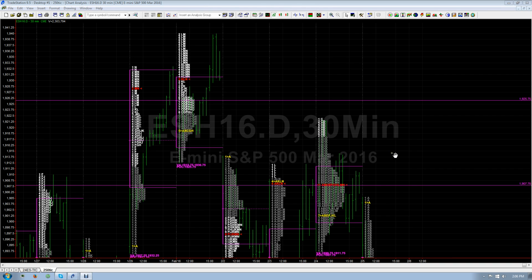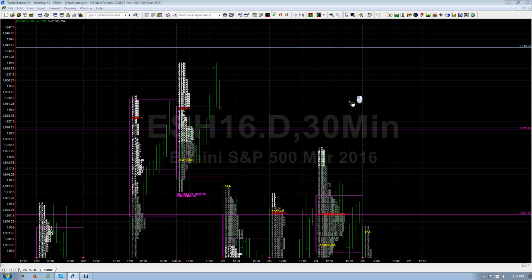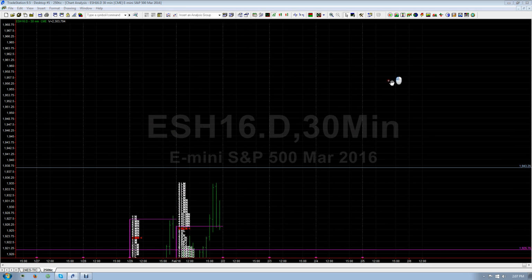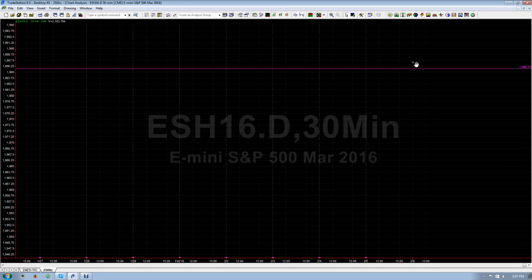What I do is every day that there's a new point of control, I mark that with a line. It's just a little line that I put on there so it extends right. And I can see the points of control long after they've gone to the left side of the chart, here being a good example.